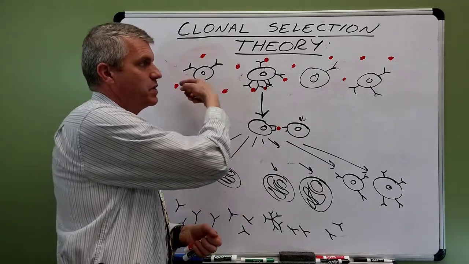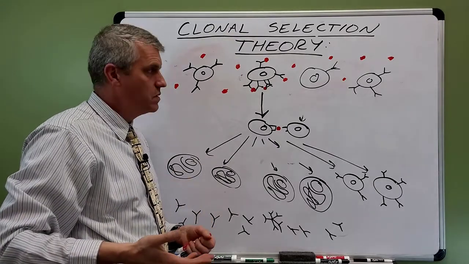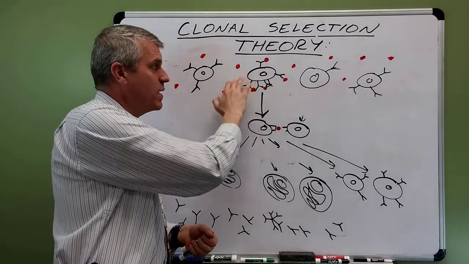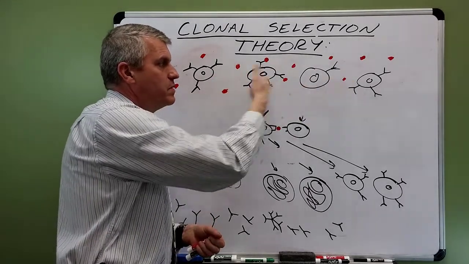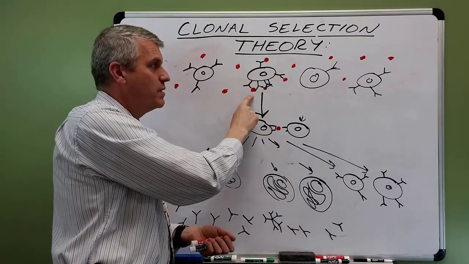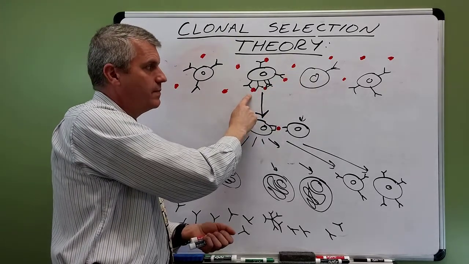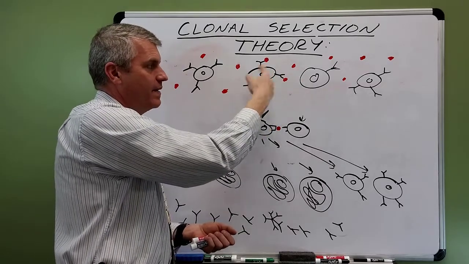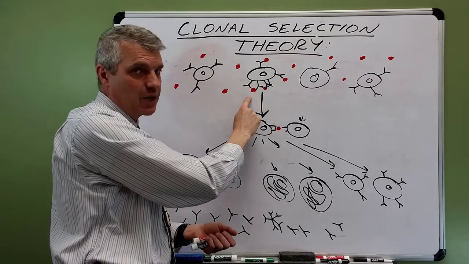There are actually billions of different B cells inside of your lymphatic tissues. And in terms of what's happening here, out of the billions of B cells, one or just a few happen to recognize that alien antigen represented by the red dot. Those that happen to recognize that alien antigen are selected for. That's the selection.